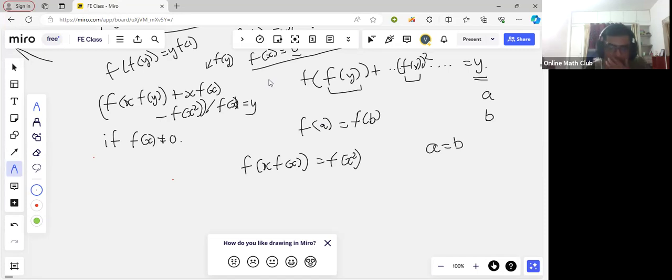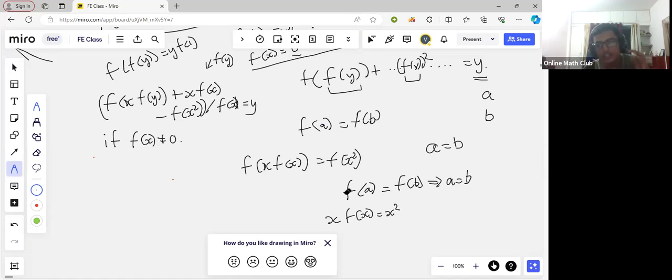Because if you know injectivity, then we know that if f of a equals f of b, this is the definition of injectivity, f of a equals f of b implies a equals b. So if we knew injectivity, then we would get x f of x equals x squared.